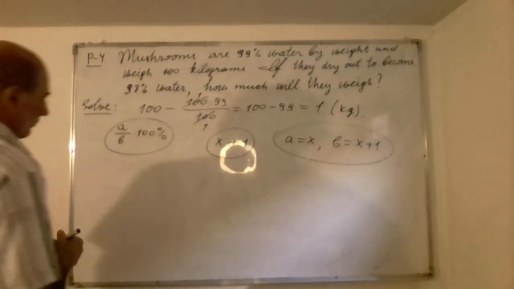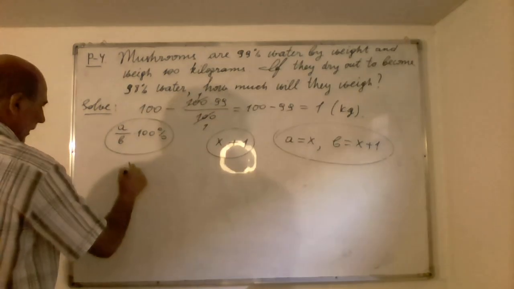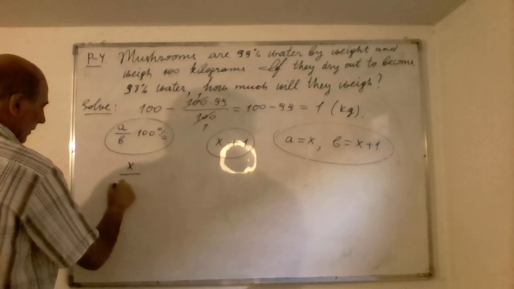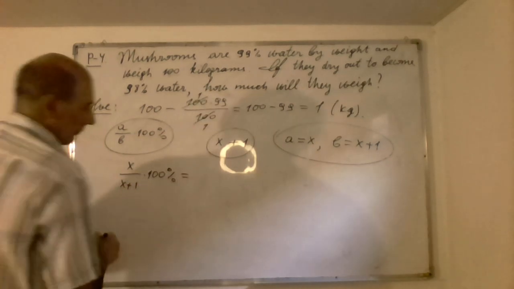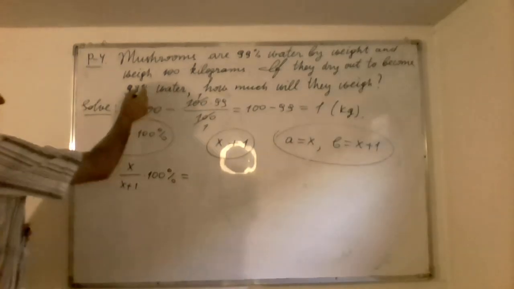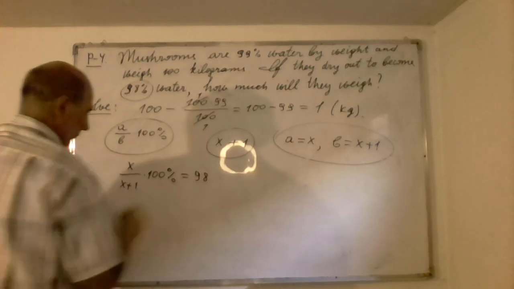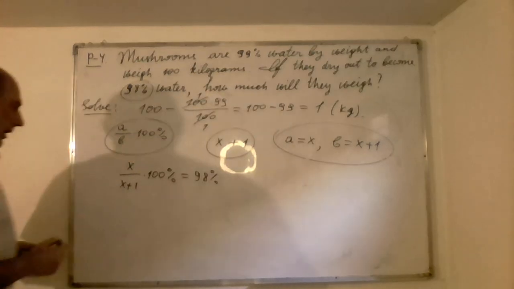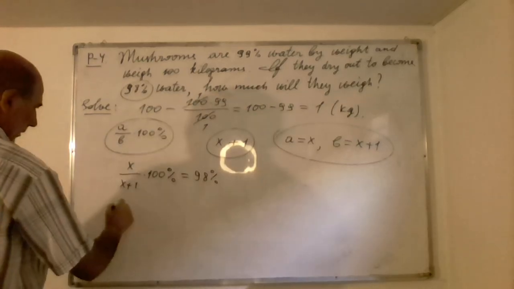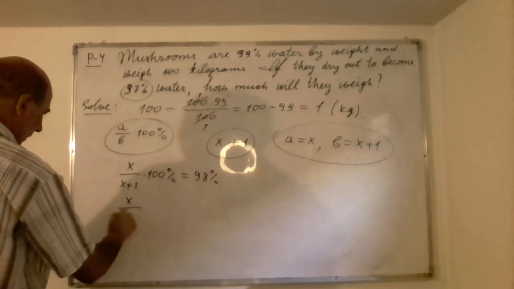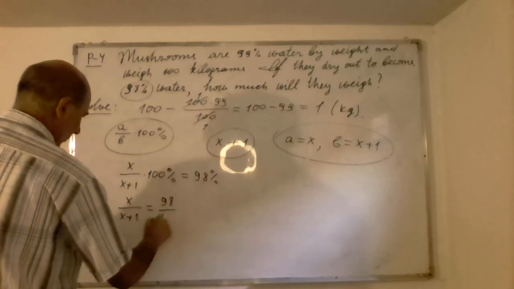Then we can write, based on the expression, X divided by (X plus 1) times 100% equals 98%. From this equation we can write X divided by (X plus 1) equals 98 divided by 100.